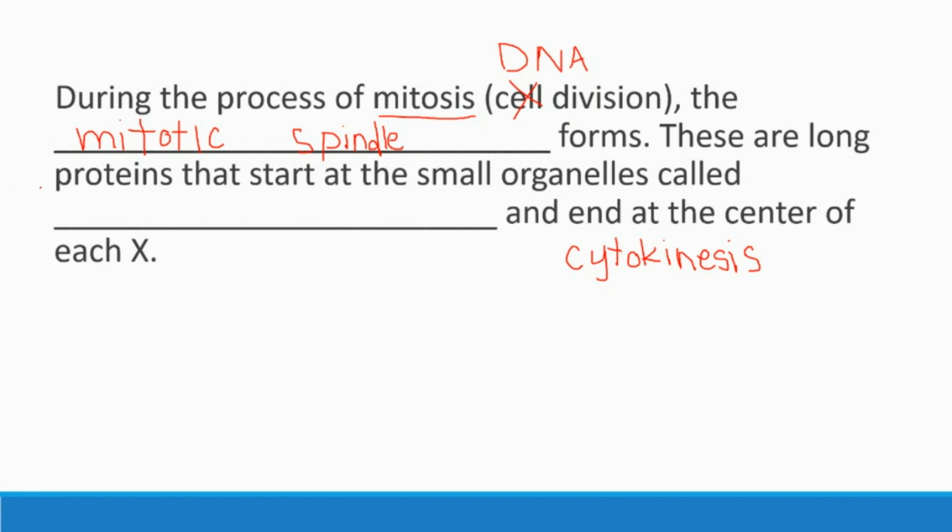These tug of war ropes that we're using to pull the chromosomes back and forth are actually attached at the ends to one of our organelles from last week, the centrioles. If you remember from lab last week, we said they kind of look like churros or licorice.